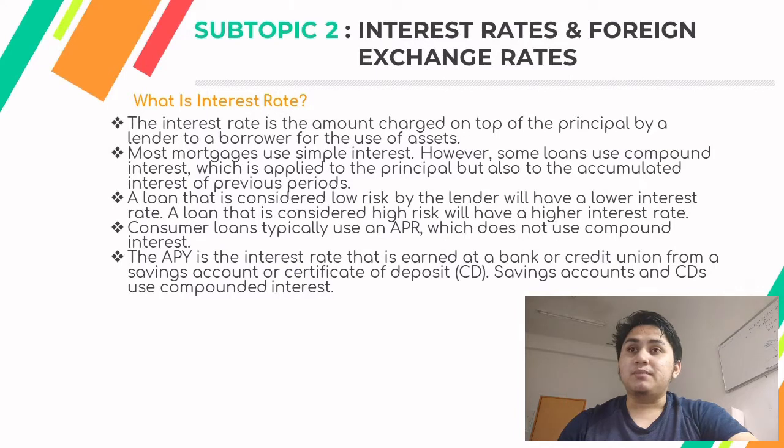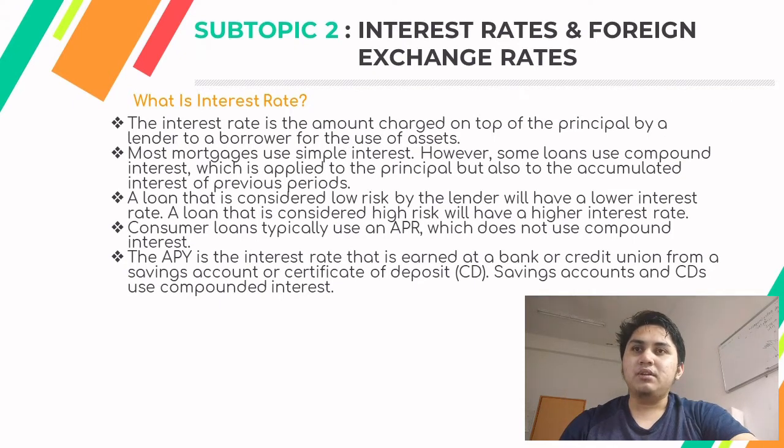What is interest rate? Interest rate is the amount charged on top of the principal by a lender to a borrower for the use of assets. Most mortgages use simple interest. However, some loans use compound interest, which is applied to principal but also to the accumulated interest of the previous period. A loan that is considered low risk by the lender will have a lower interest rate, while a loan that is considered high risk will have a higher interest rate.